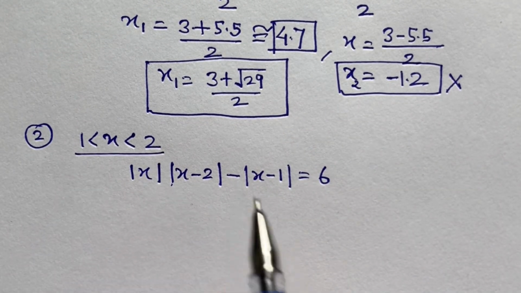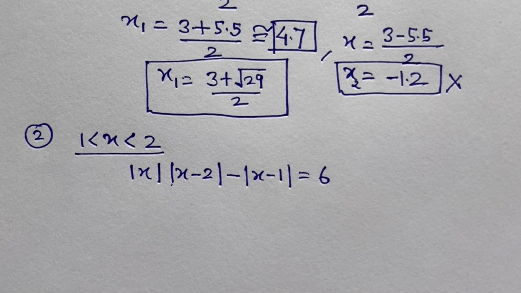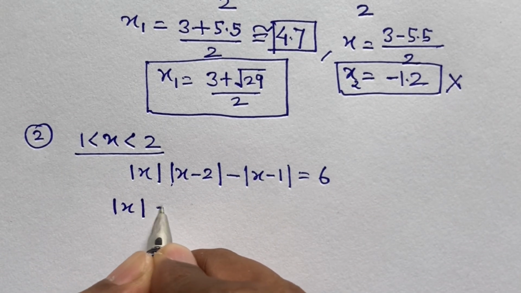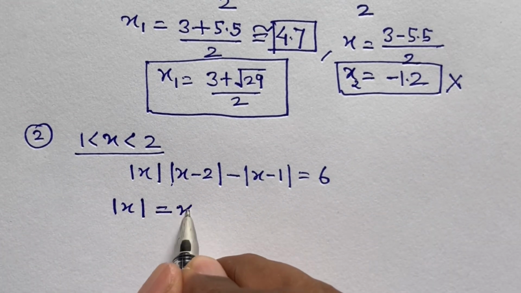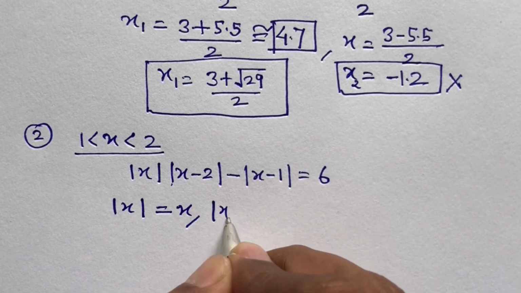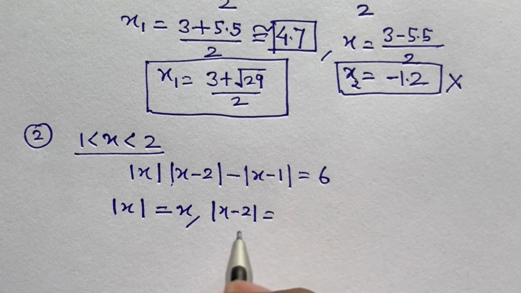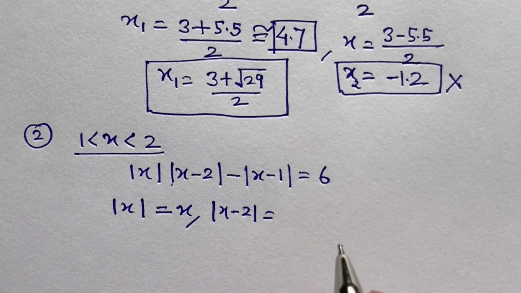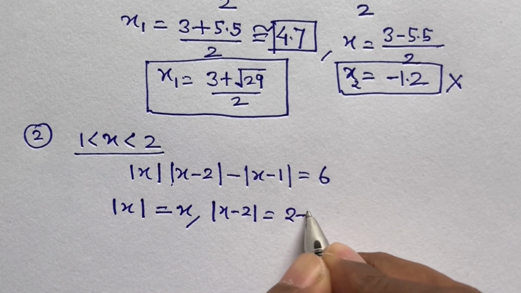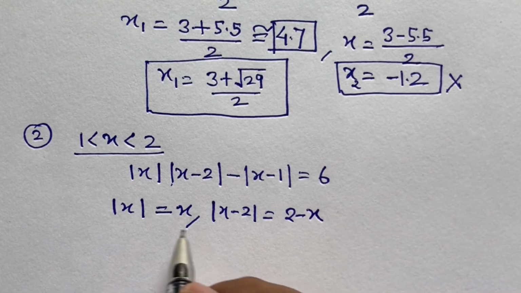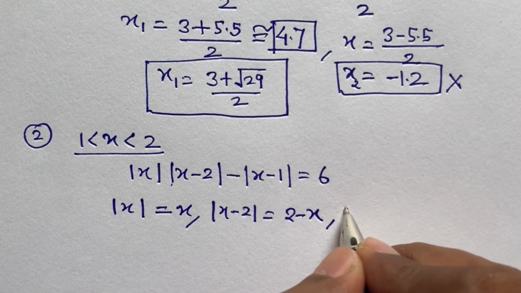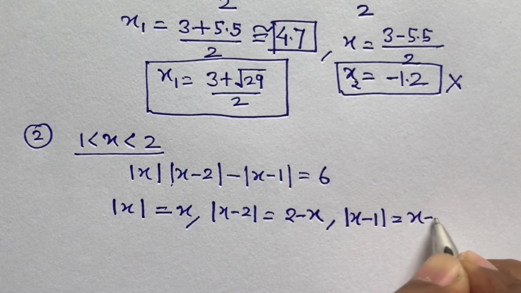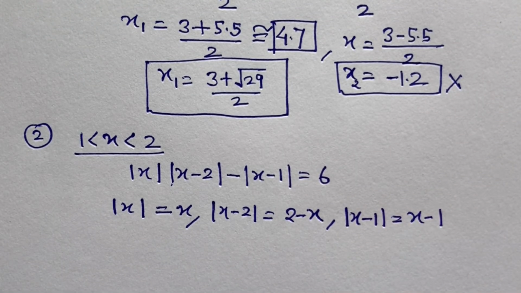For x greater than 1 but less than 2, |x| will be x, and |x − 2| will be 2 − x because x is less than 2. And |x − 1| will be x − 1.